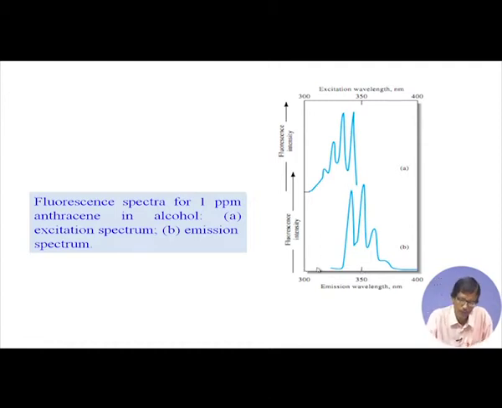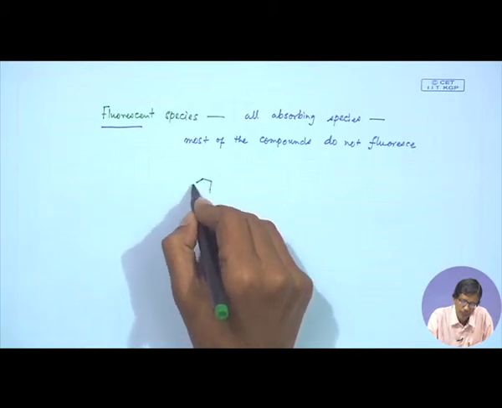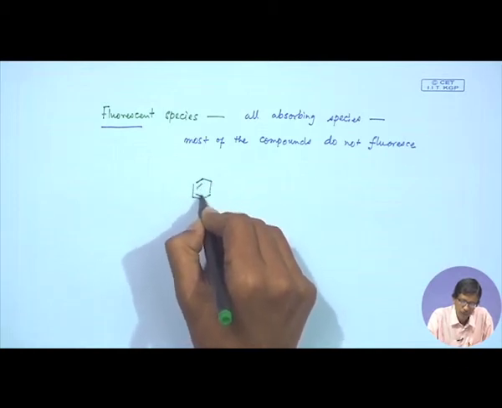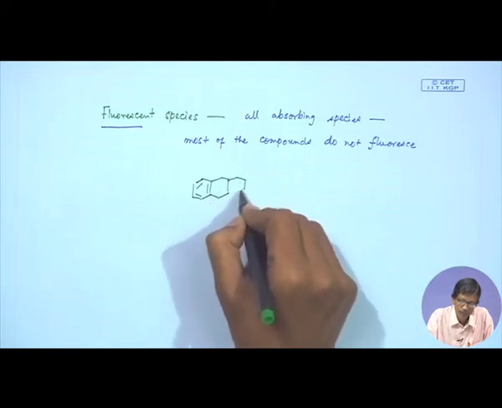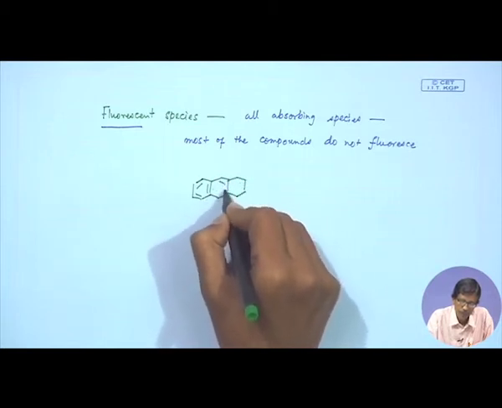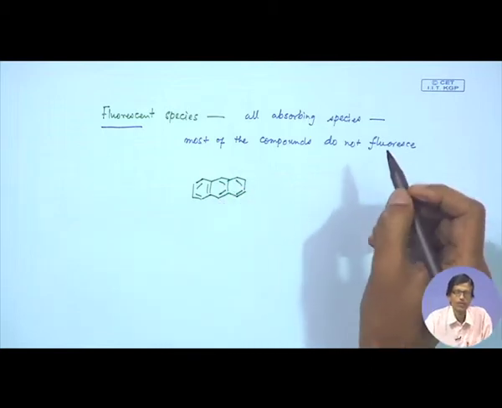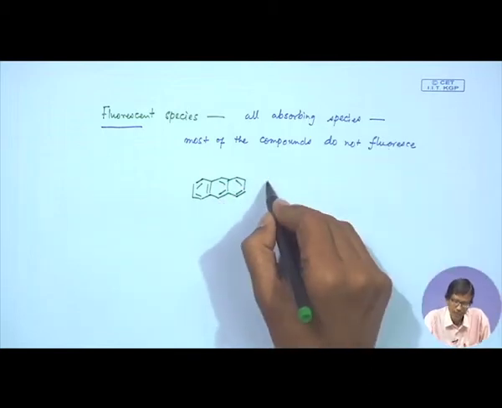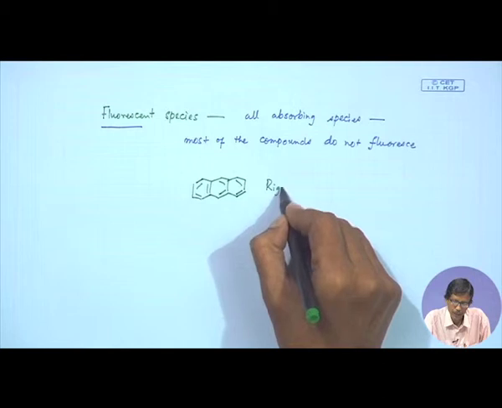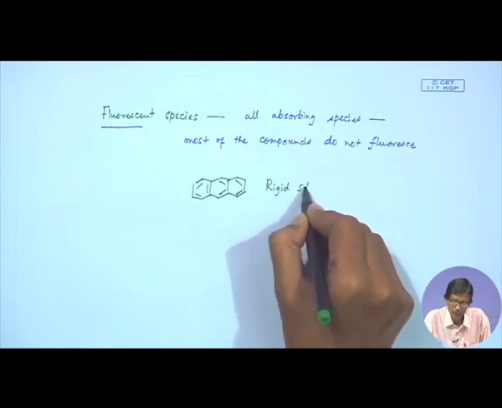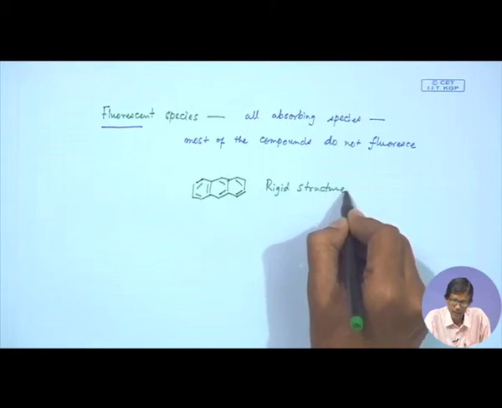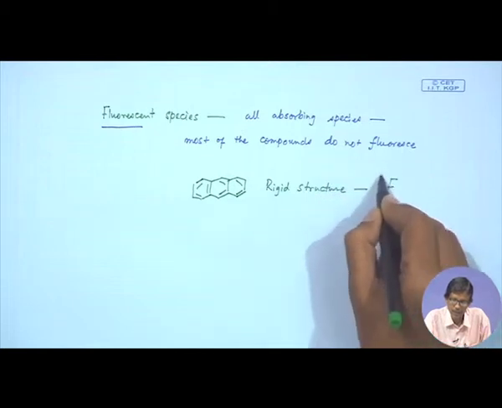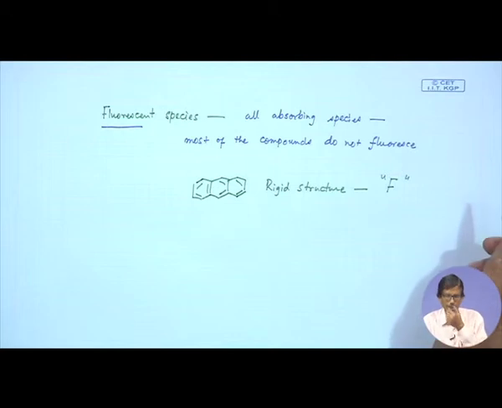We all know anthracene is nothing but a very fixed molecule of this type, where we have 3 benzene rings attached side by side. So, it has a very rigid structure, and that is why it gives us the corresponding fluorescence intensity.